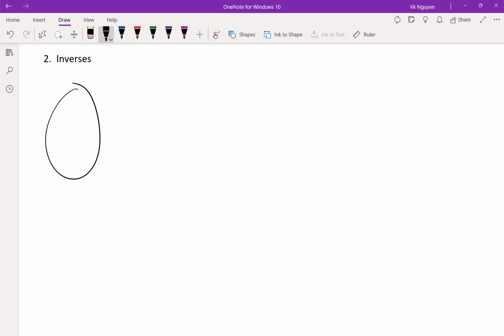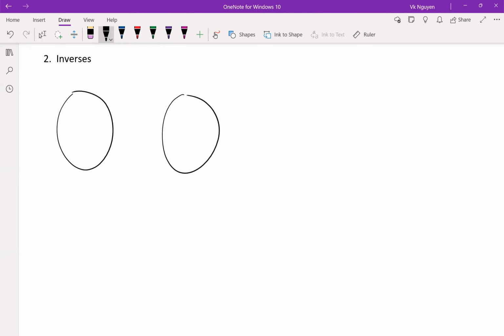Let's say we have a function that maps a set of input to output. So input, output. X, the function is f, we map it into f(x).